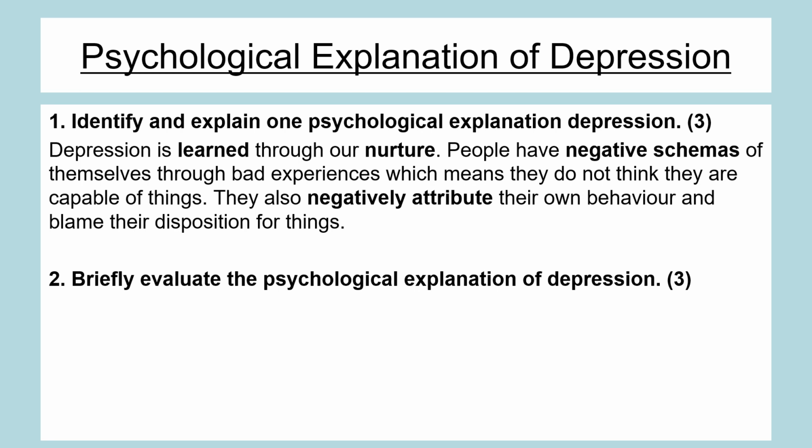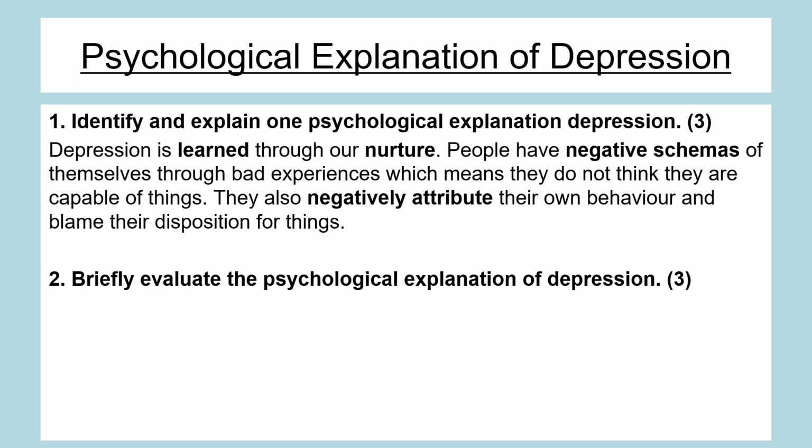What the person then also does is they will go ahead and attribute their own behaviour negatively. So anytime that they do something, they will blame themselves. So getting a low score in the next exam won't be because they didn't revise well. They will blame it on the fact that they are rubbish at exams.